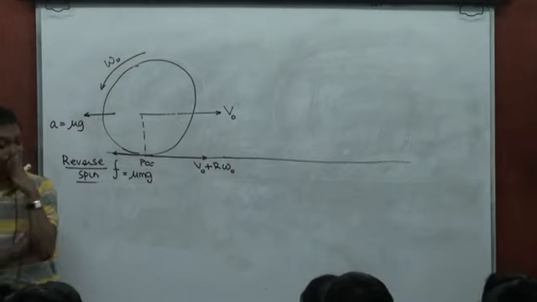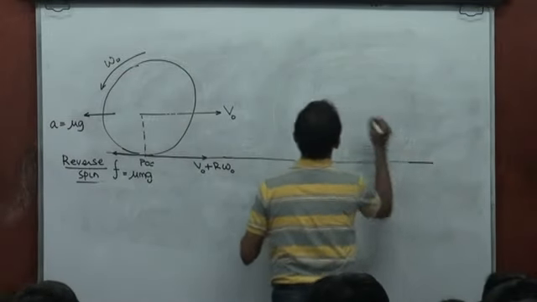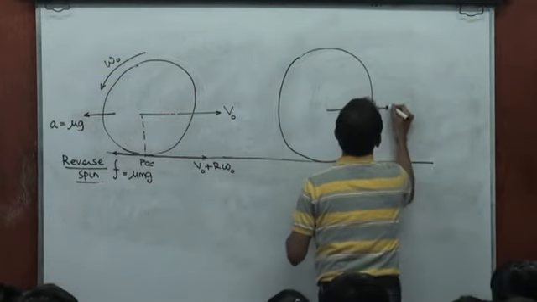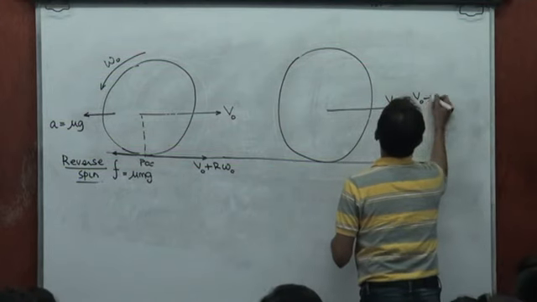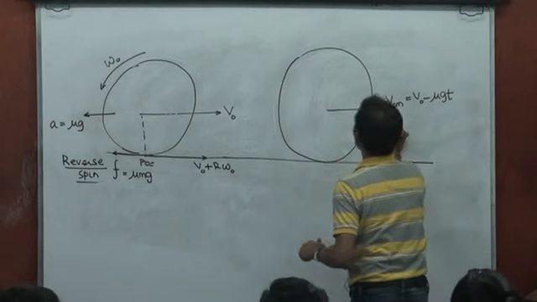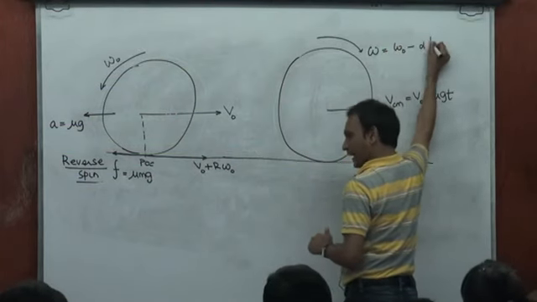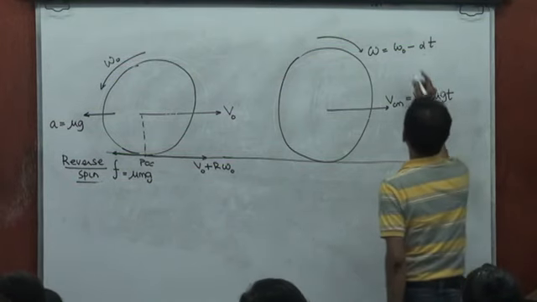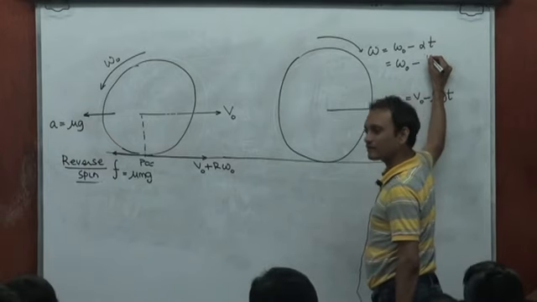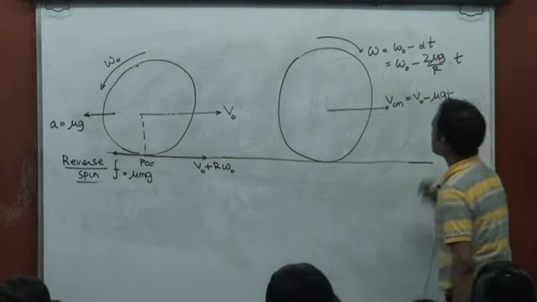At an instant of time t, in any case, VCM becomes equal to V naught minus mu g t, and the omega would be omega naught minus alpha t, where alpha we've computed is 2 mu g by r, retardation, like we've done earlier. So 2 mu g by r into t, that's omega.